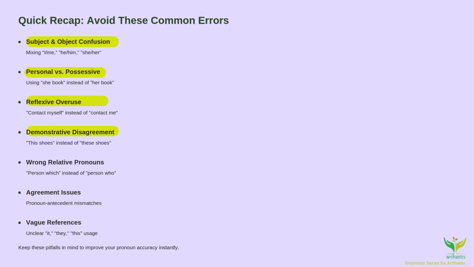This shoes instead of these shoes. Choosing the wrong relative pronoun. Person which instead of person who. Mismatching agreement. Using singular pronouns for plural nouns. Being vague. Saying they without explaining who they are. Avoid these and your English instantly becomes sharper and more professional.